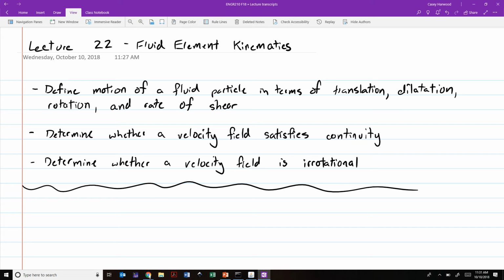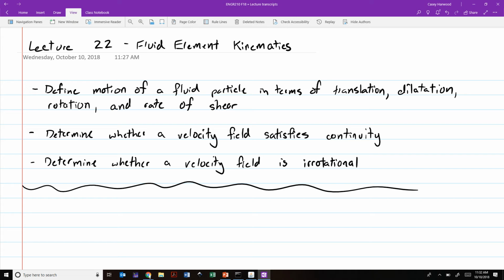Instead of working with finite control volumes, we're going to work with very small differential or infinitesimally small control volumes, or what we call differential fluid elements. So today is going to be about defining and understanding how the different components of motion, namely translation, dilatation, rotation, and rate of shear, are related to general fluid motion.